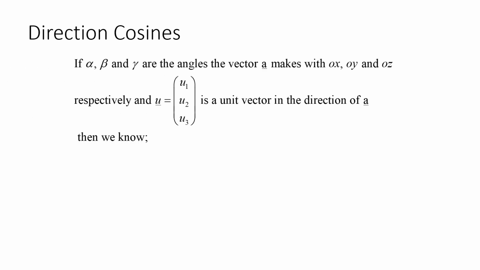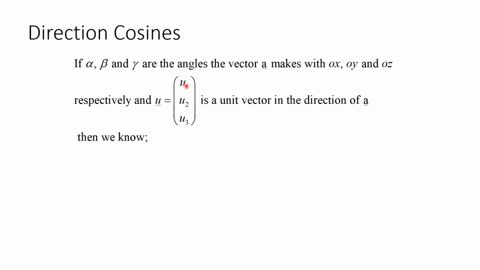Now we will look at how to calculate the direction cosines. By definition, say for example alpha, beta, and gamma are the angles of vector A from the origin to the x-axis, y-axis, and z-axis respectively.